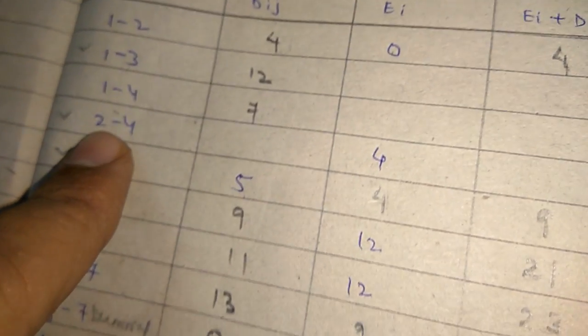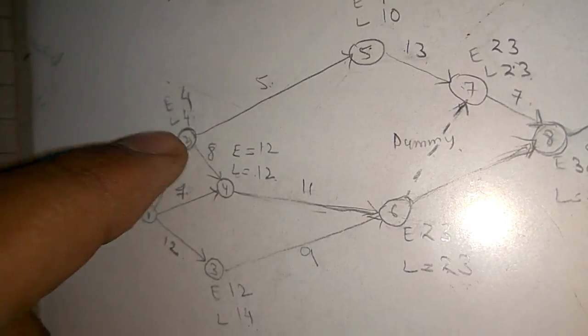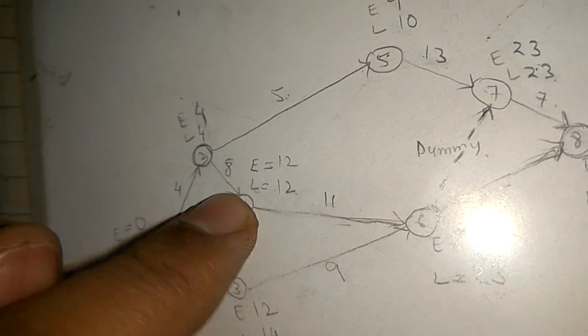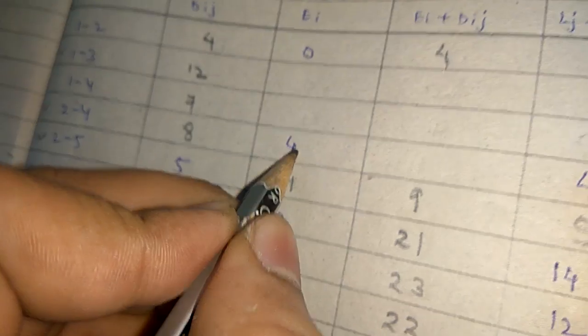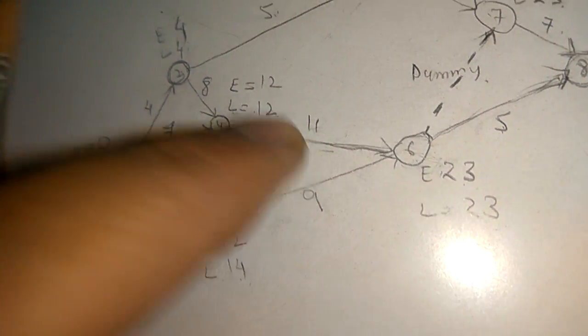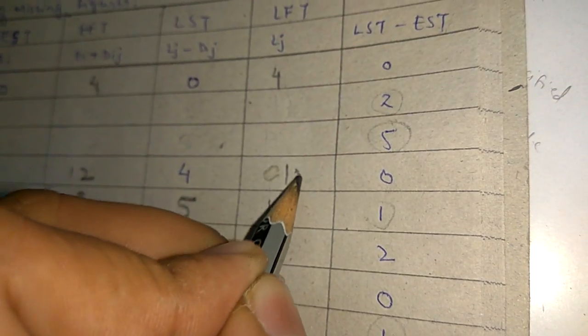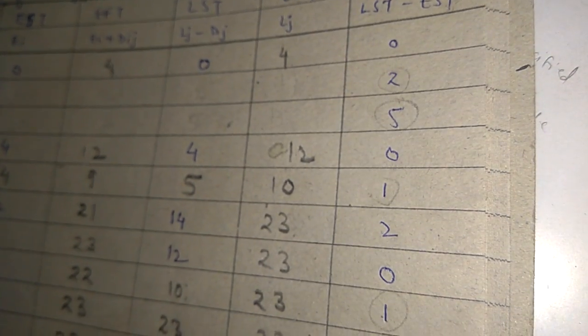Between activity 2 to 4, duration is 8. 8 plus 4, 12. And Lj between 2 to 4 is 12.